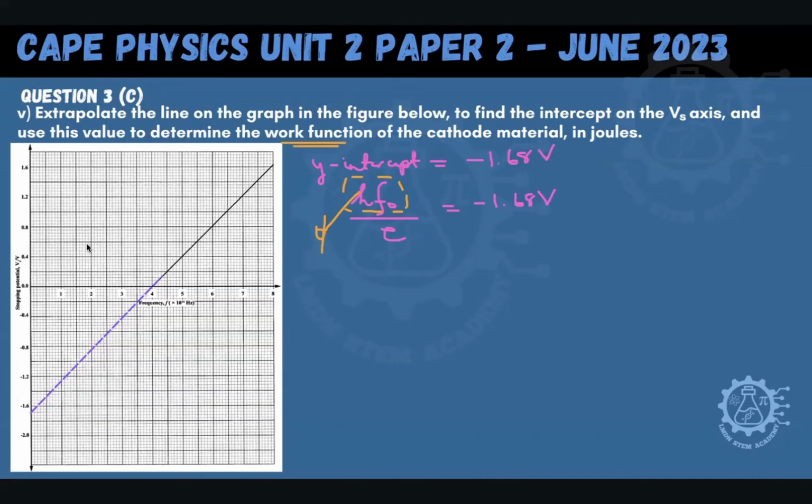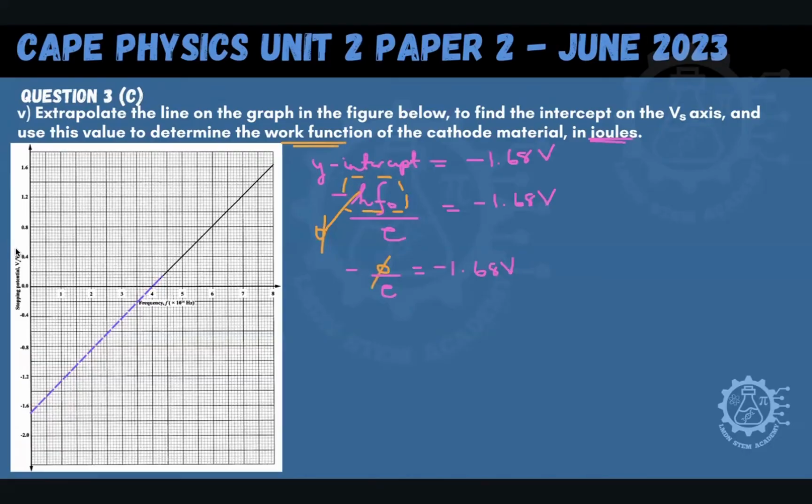And in bringing over the e, guys, we're going to end up with our stuff being in joules. So that's nice. Let's write this down. That's our work function, what we're trying to find. So I'm going to put that phi, my work function, over e is equal to minus 1.68 volts. And remember, there's a minus before that from our earlier derivation, so we just drop the minus there too. The negatives are going to cancel out each other.